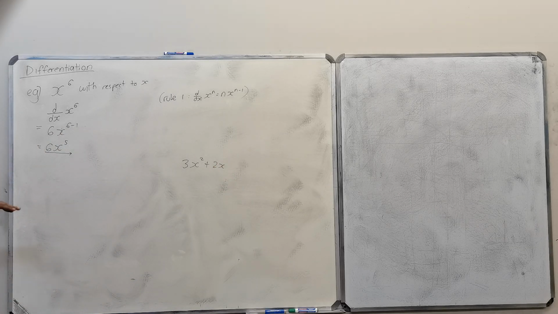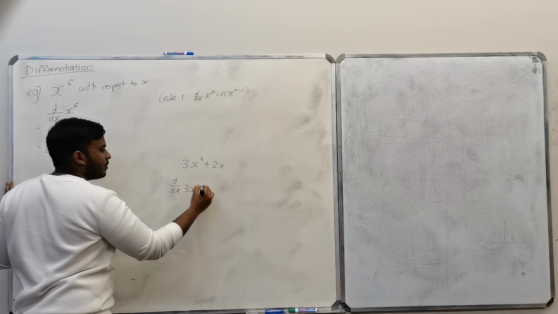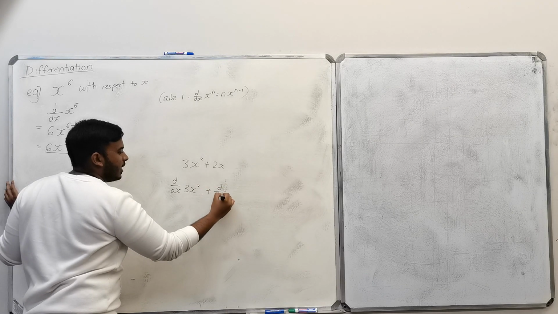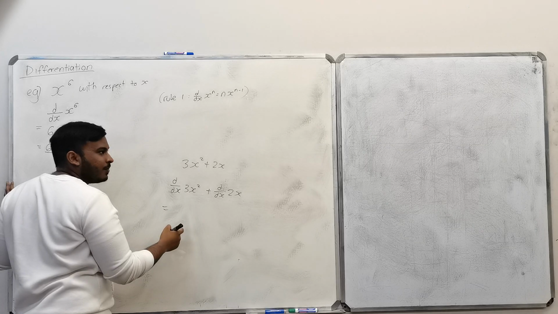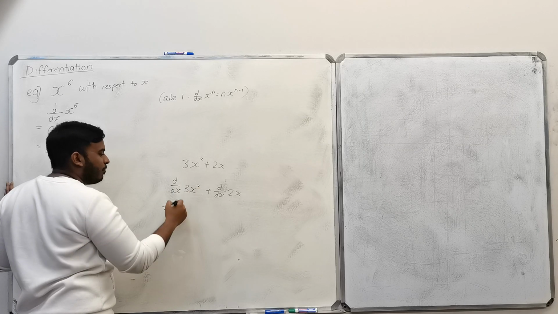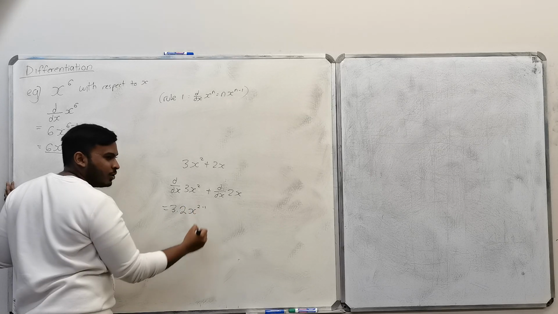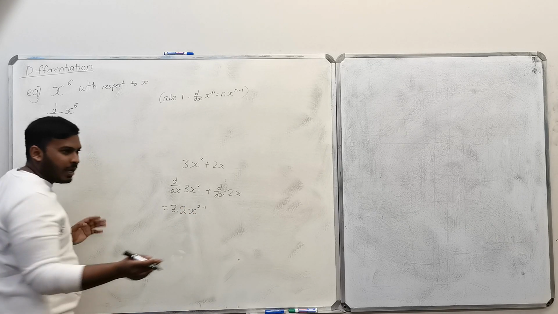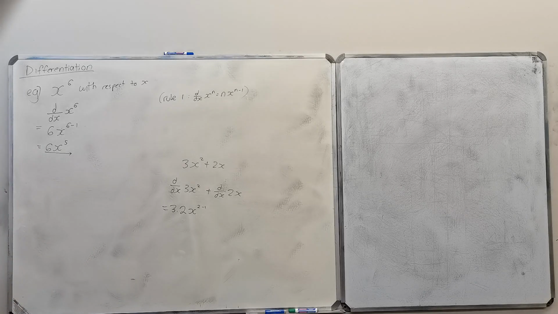If you just had to differentiate this, I would have said d over dx of 3x squared plus d over dx of 2x. This would have been 3 times 2 x to the power 2 minus 1. Okay, let me write it differently.